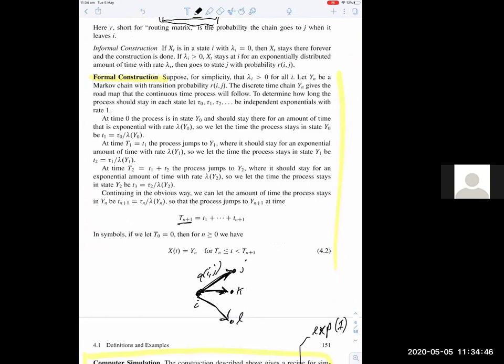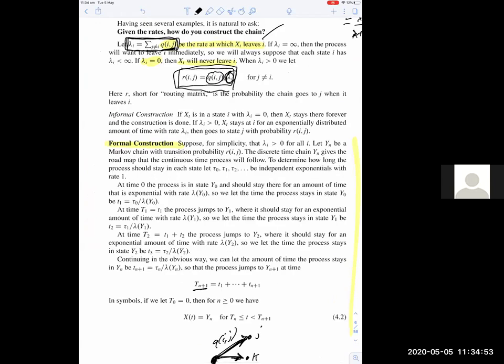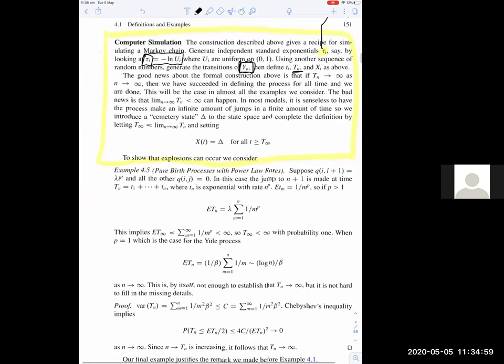And how long are you going to be here until the winner wins? That's an exponential random variable with rate lambda i, the sum of the rates. That's pretty much what's happening in a continuous time Markov chain.